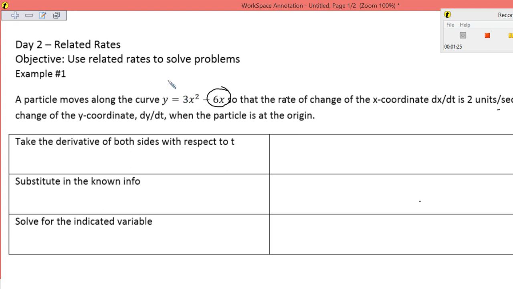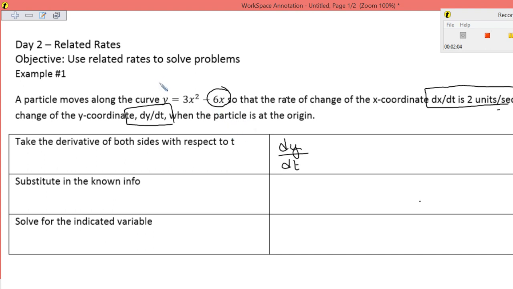So here's an example. You're given that dx/dt is 2 units per second, and you're trying to find dy/dt. So we were given the value of y, so we're going to start by taking the derivative of y with respect to t, which we would write as dy/dt.